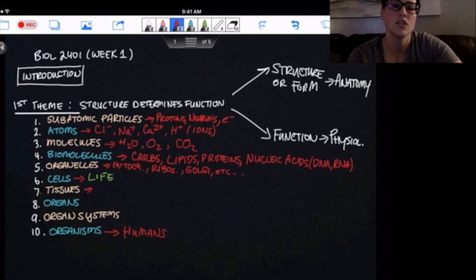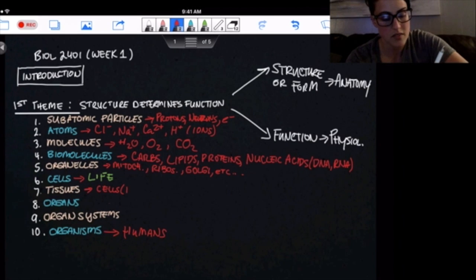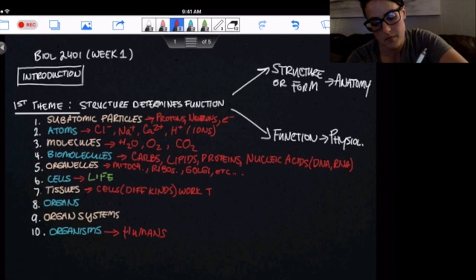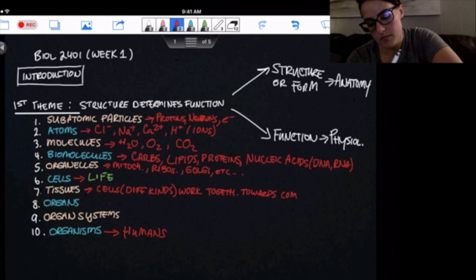So what's the definition of a tissue? Well, a tissue is cells, but to be specific, cells of different kinds, different kinds of cells that work together towards a common function.